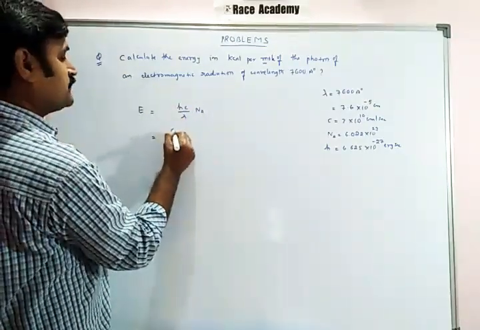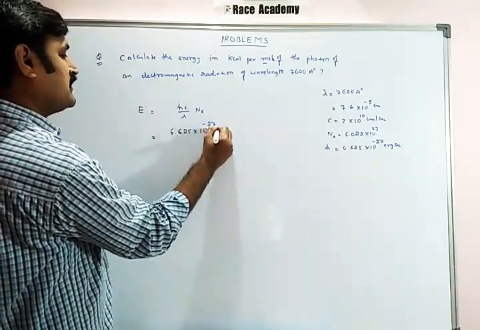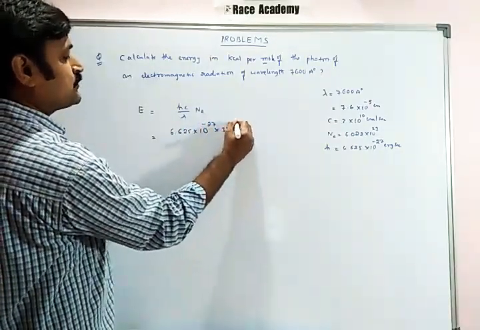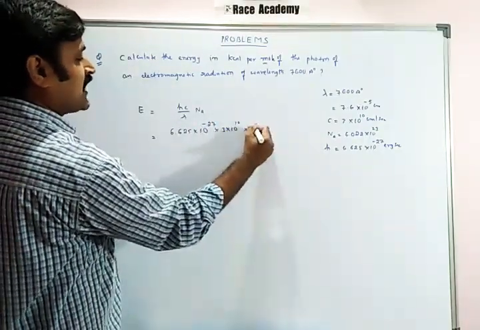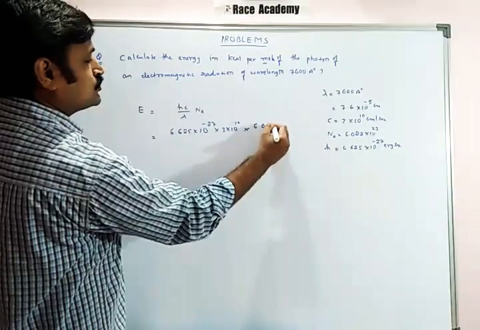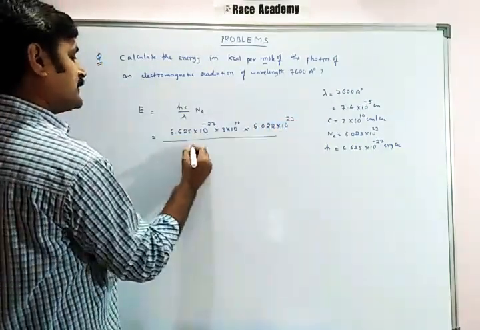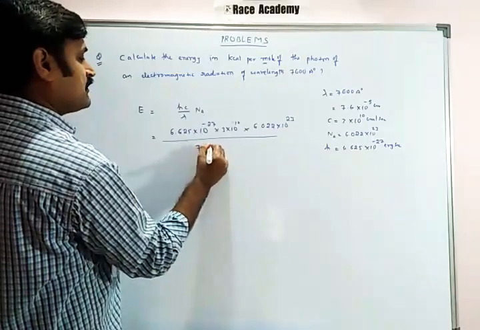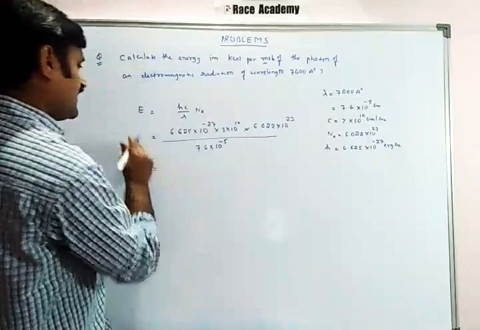The h value is 6.625 × 10^-27, the C value is 3 × 10^10, and N is the Avogadro number 6.022 × 10^23, divided by the lambda value, that is 7.6 × 10^-5 centimeters.